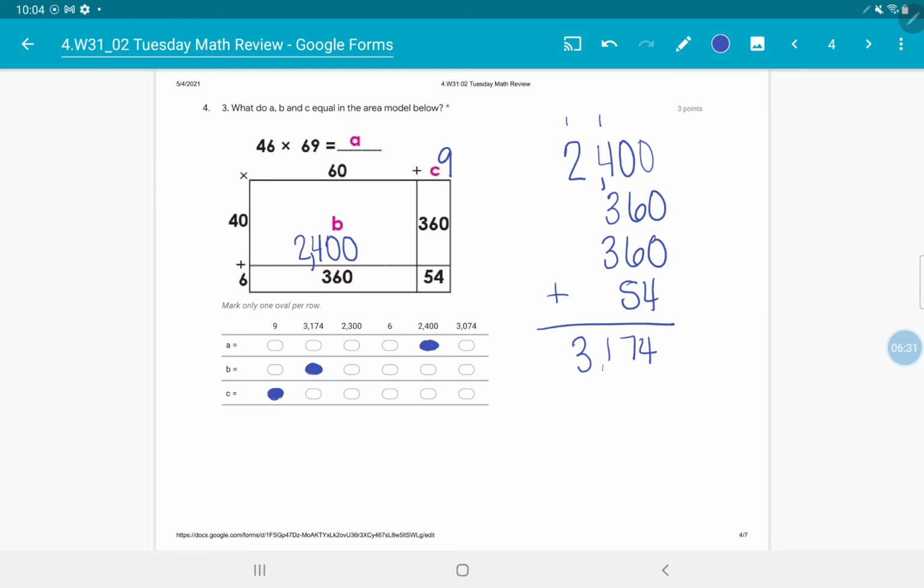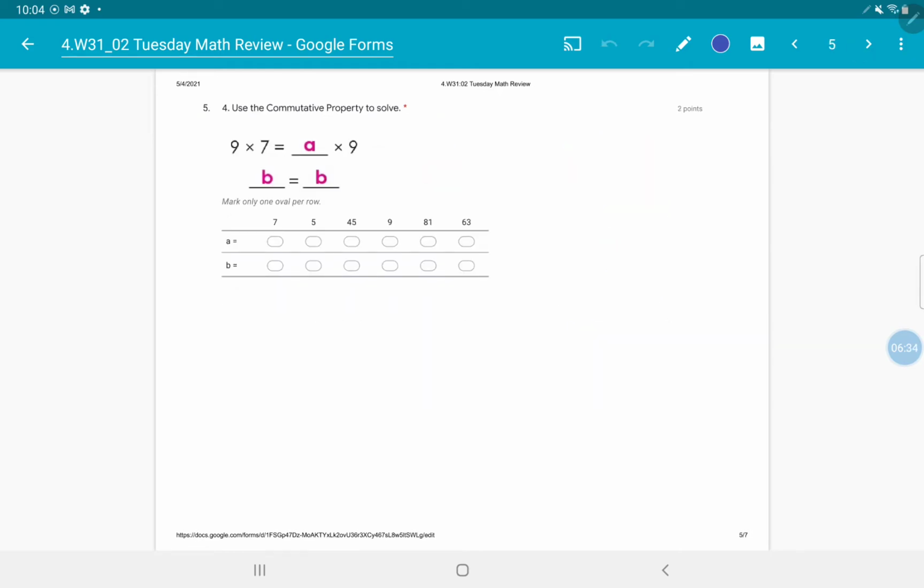All right. Next, we have the commutative property. The commutative property says it doesn't matter what order I multiply in. I can switch around the order of multiplication, and I'm still going to get the same answer, the same product. So on this first line, 9 times 7 is equal to or the same as what number times 9, Braylee? 7.